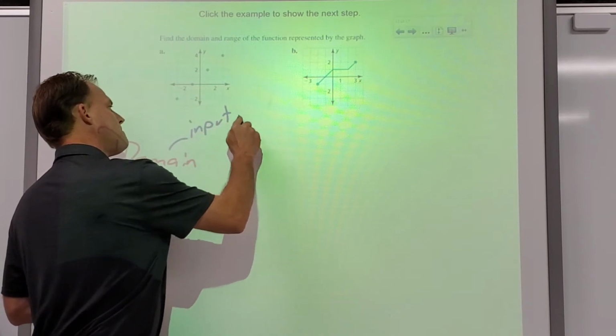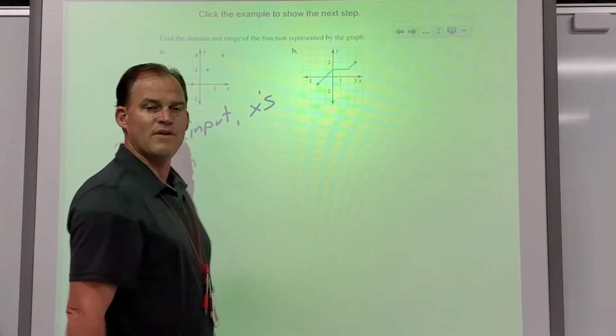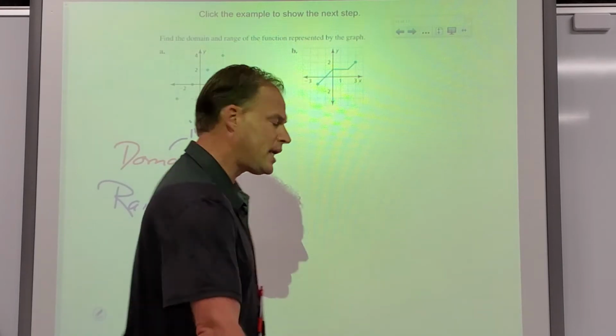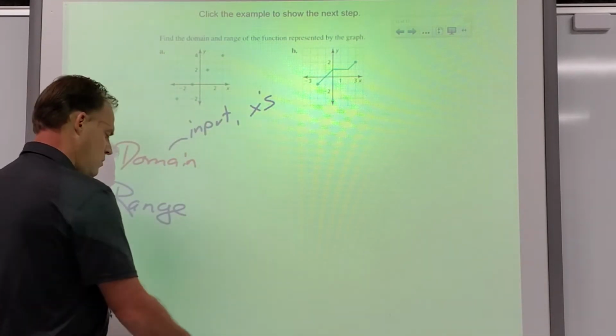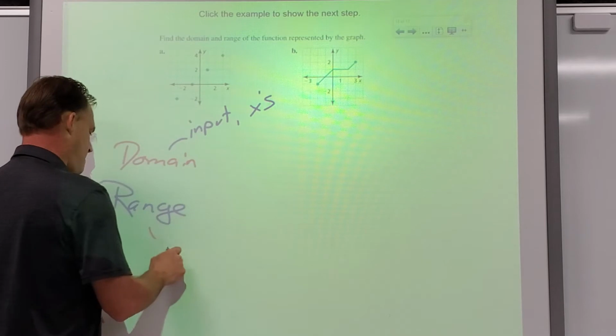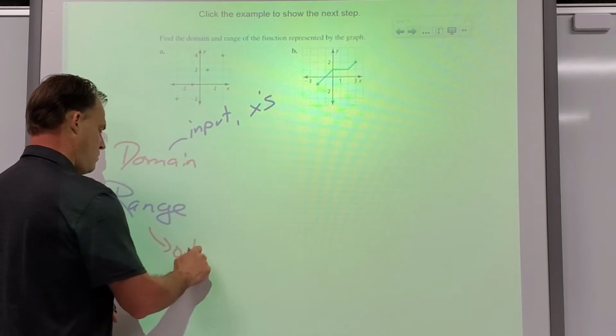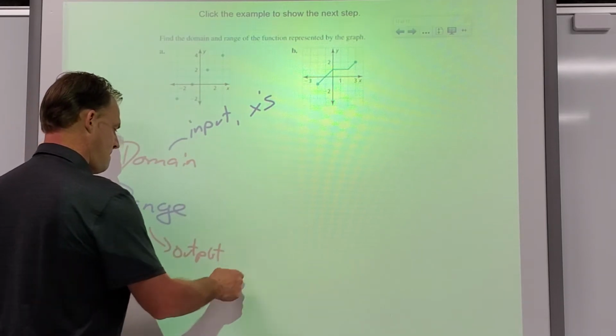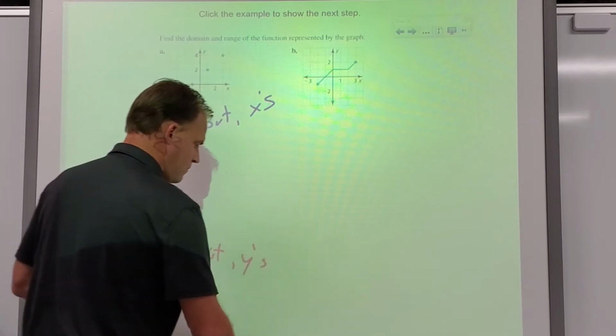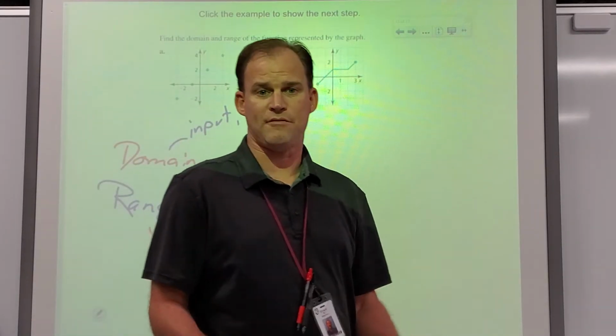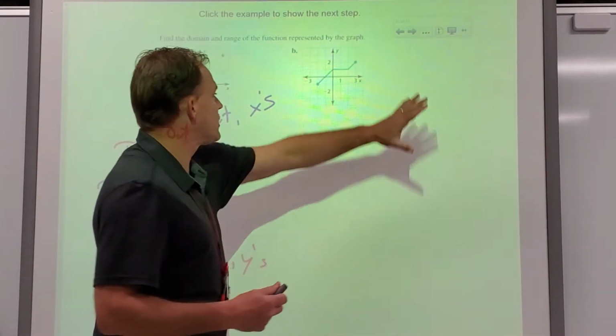Input, the x values, okay? Range, your y values.